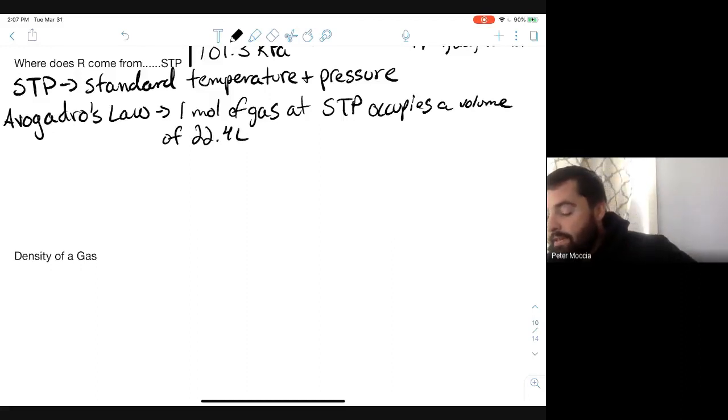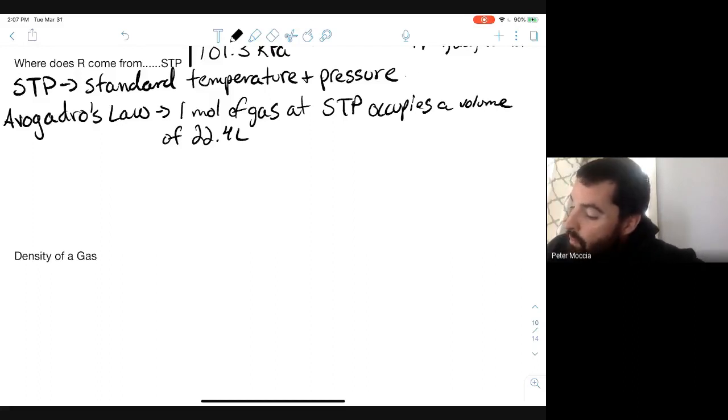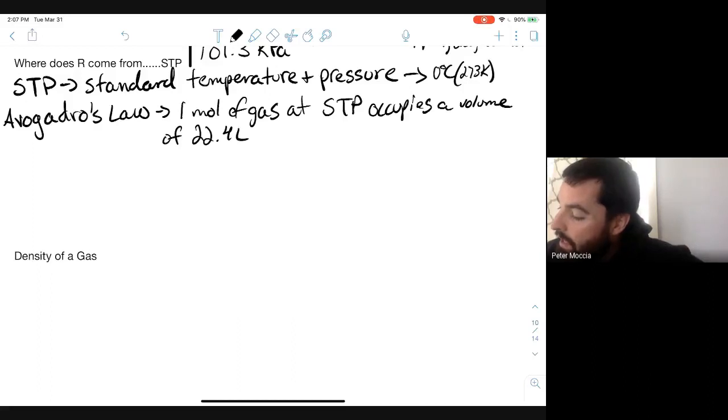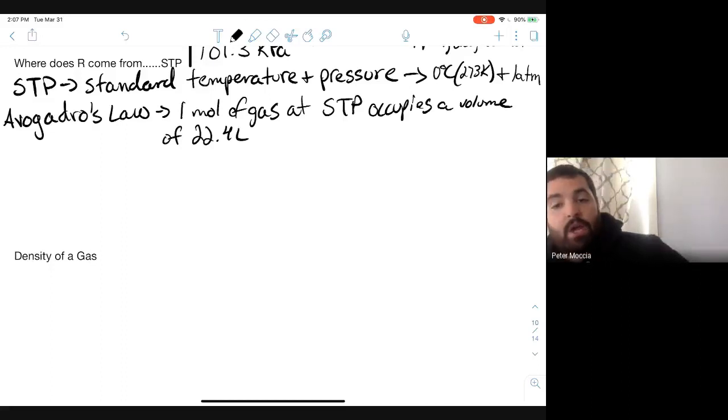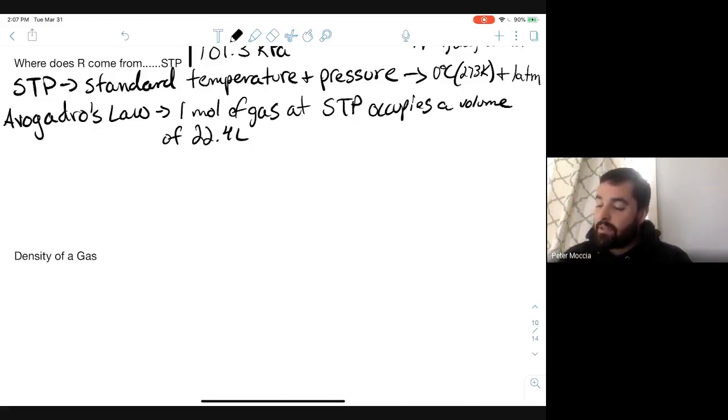Okay, STP, standard temperature and pressure. The actual numbers for that are 0 degrees Celsius, which is 273 kelvins, and 1 atmosphere of pressure. So the temperature is 0 degrees Celsius, and the pressure is 1 atmosphere. Okay? So Avogadro's law states that 1 mole of gas at STP occupies a volume of 22.4 liters. So from that, we can figure out the value for R, okay?